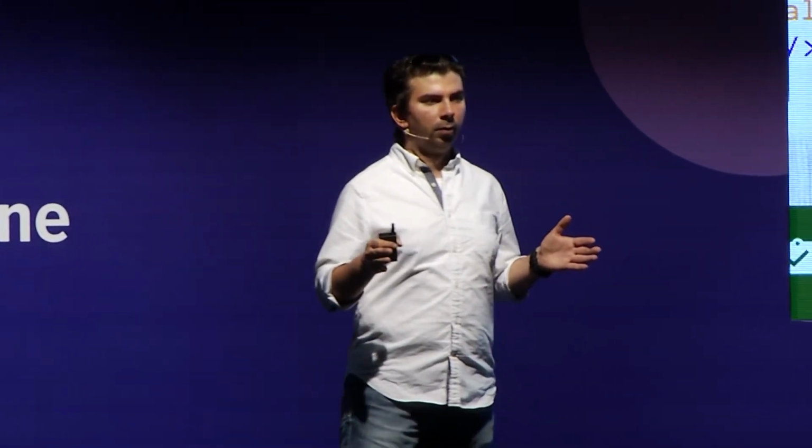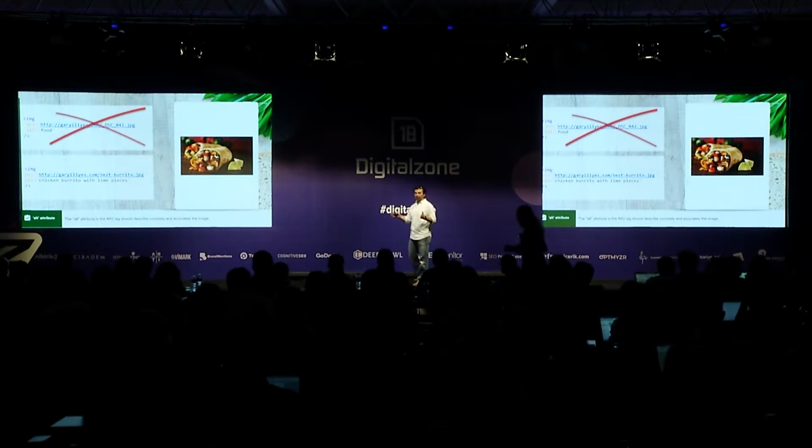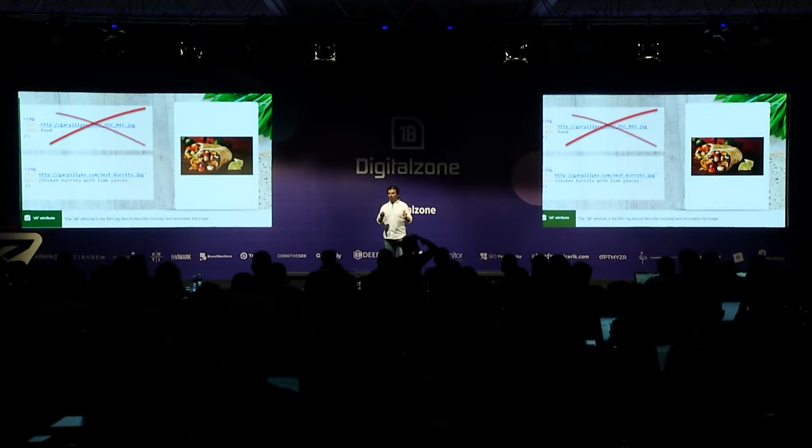Come on, you can do this. A much better one would be if I put "chicken burrito with lime pieces" in the alt attribute. And this is not something I want to rank for. This image would probably rank for just "burrito" or "best burrito" or something like that. This is a piece of text that describes the image, and that's it. Nothing more, nothing less.